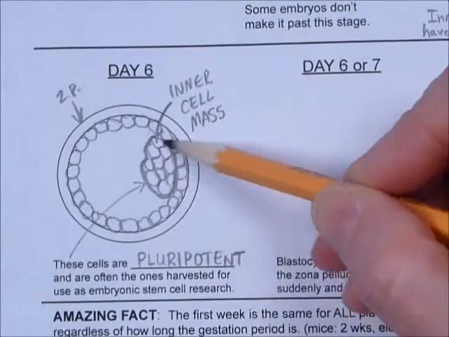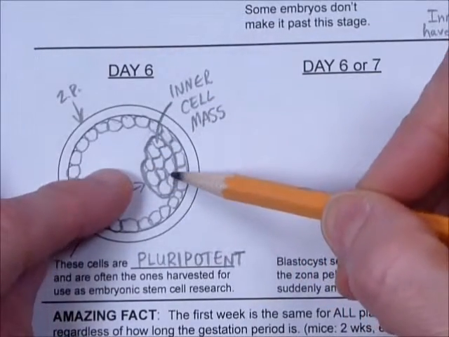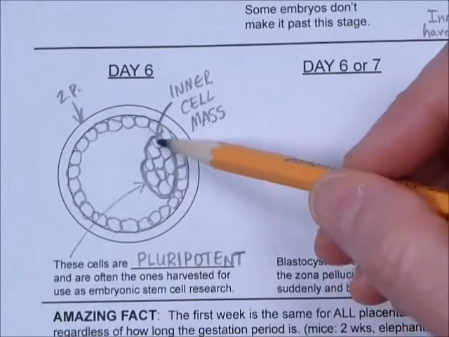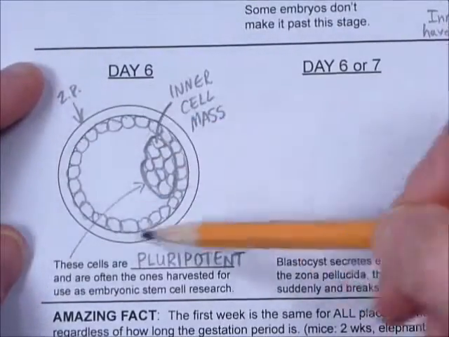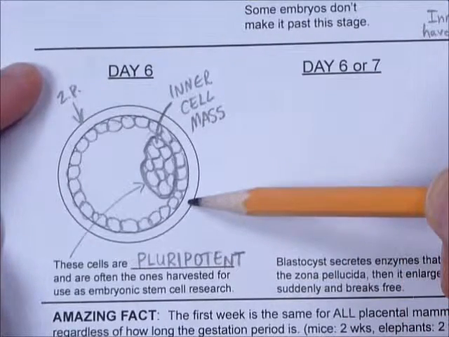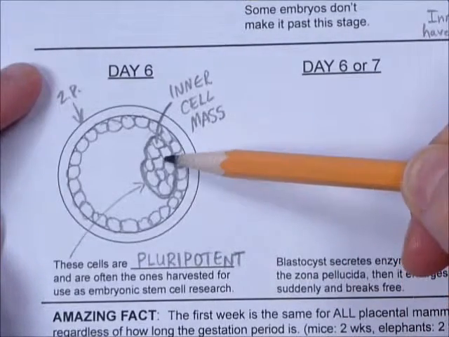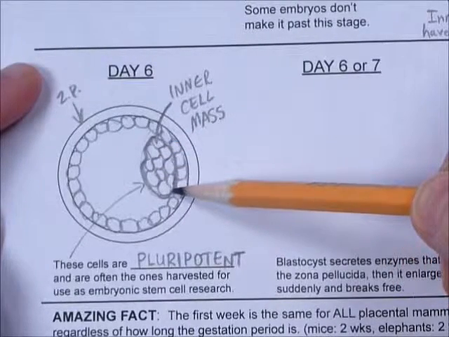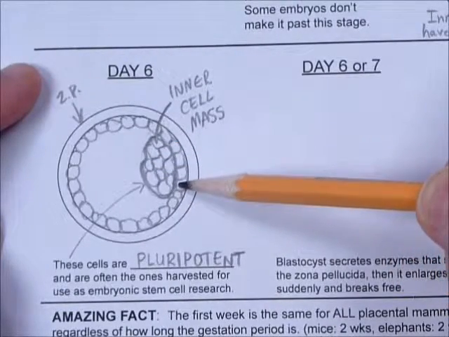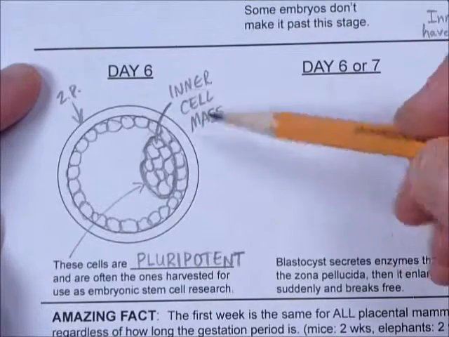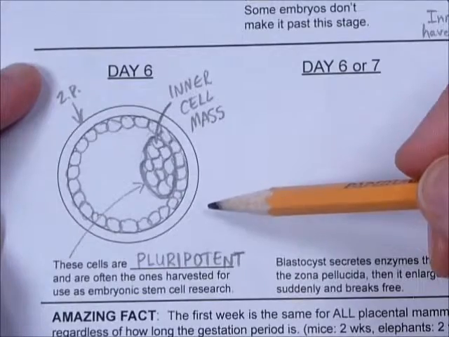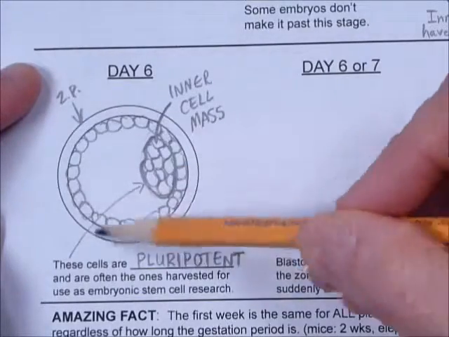Now, the use of these cells from human embryos is very controversial, as you probably know, because this is capable of becoming a person. I mean, you looked like this at one time. Now, the nice thing is that there are lots of different animals, as simple as the lowly sea urchin in the ocean, all the way up to mice, who have this same thing going on.